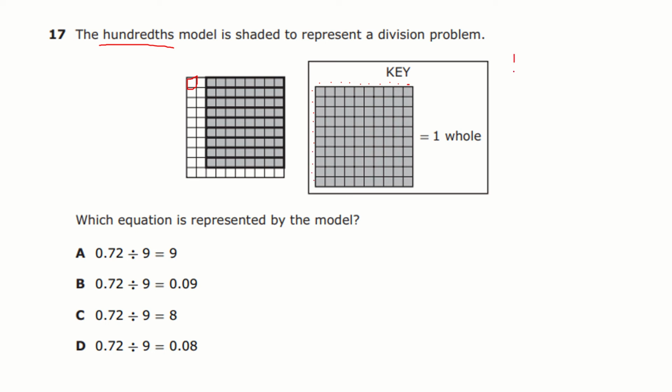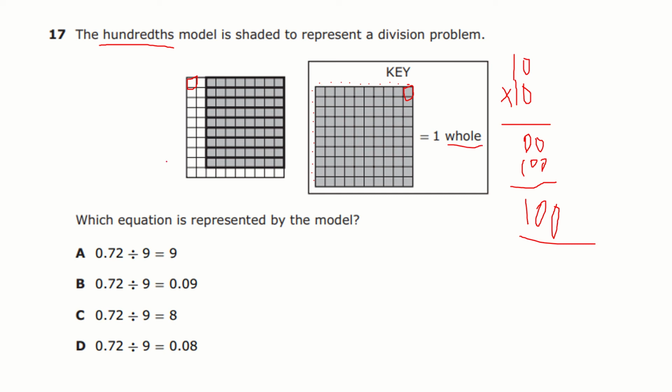So 10 times 10 is obviously 100. Meaning each one of these small blocks is 1 out of 100, or 1 out of the one whole.